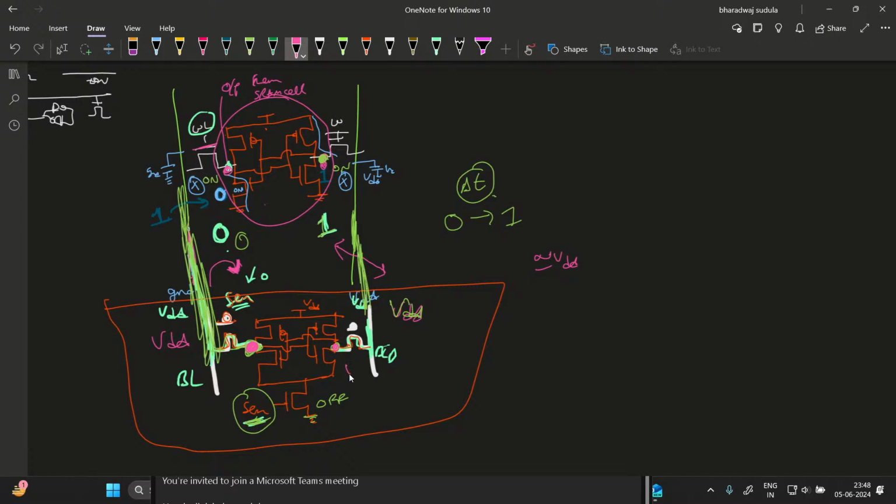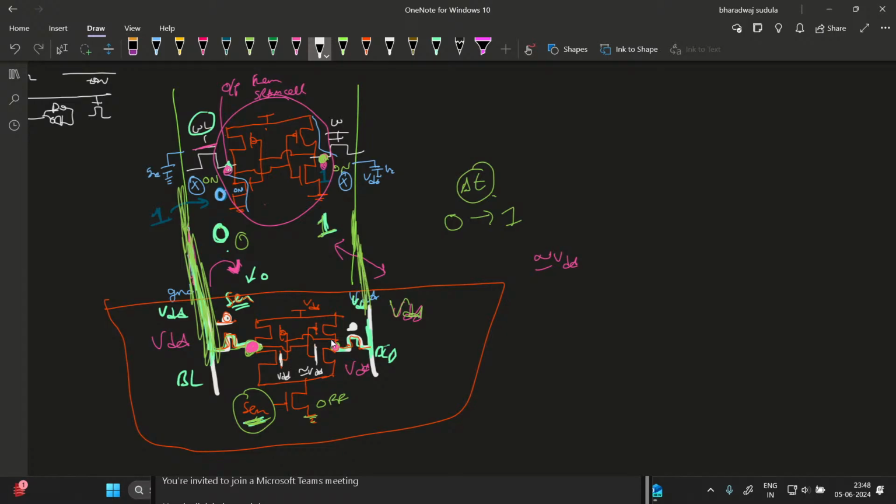This node is actually VDD. So now what happens is this NMOS has something close to VDD, and this NMOS has VDD. Okay, you got it.